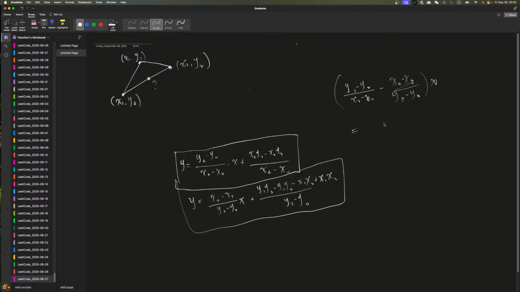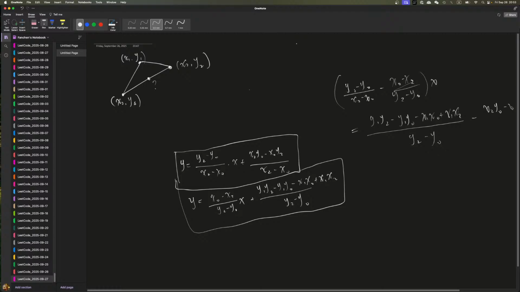So that shall equal y1, y2, y1, y0, x1, x0, x1, x2, y2, y0, minus x2, y0, x0, y2, x2 minus x0.